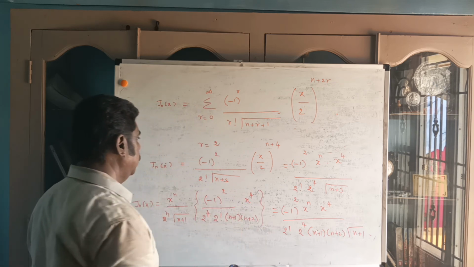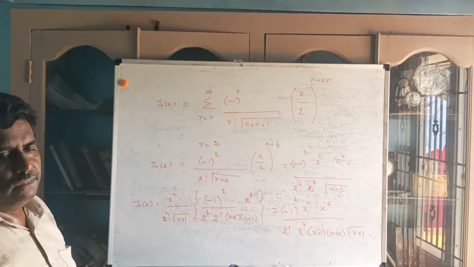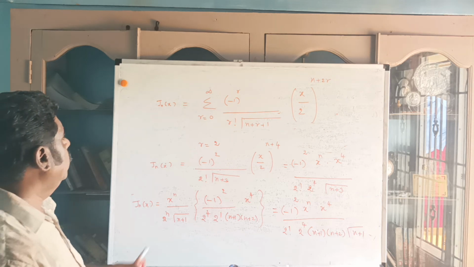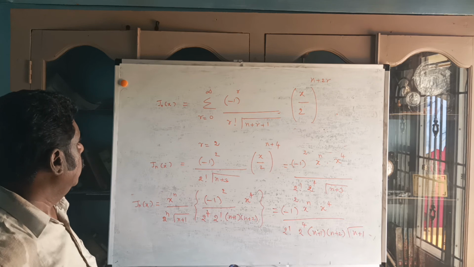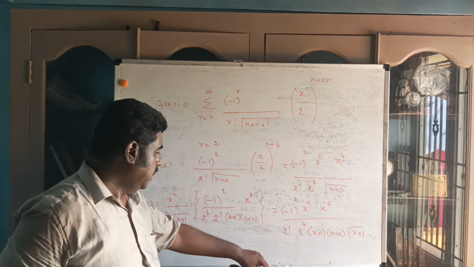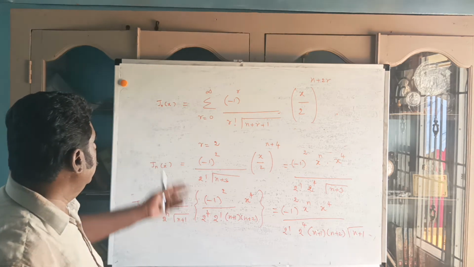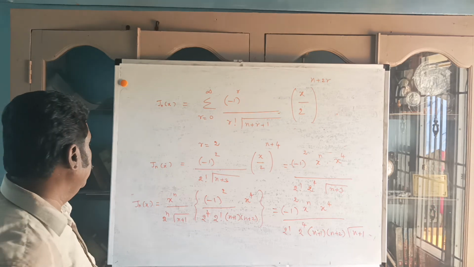So we can get the next term. In this way, we can get all the terms with the help of this single equation, Jn of x. Therefore, the entire equation is modified in this simple form.